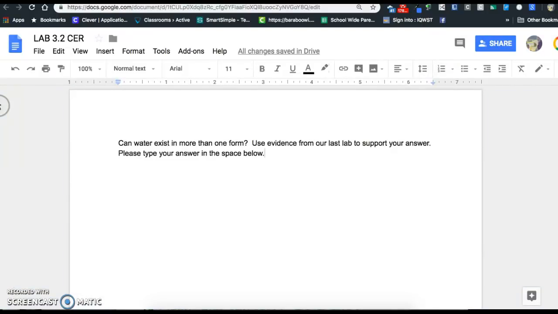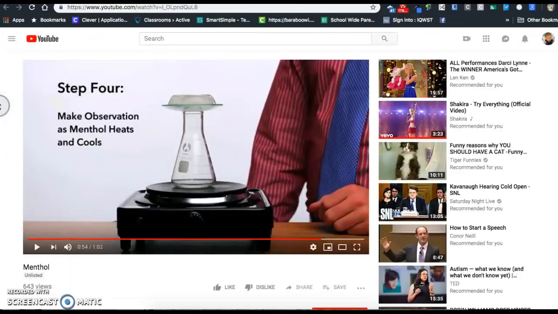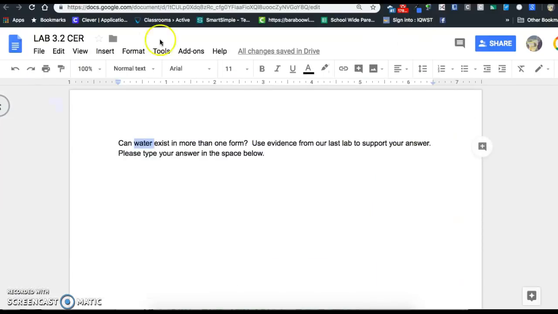And you'll notice it looks really familiar, but instead of talking about menthol from this lab where I cooked the menthol, you are going to be talking about water from the lab that you completed on Monday and Tuesday. Now, if you want to look back to your observations, that lab is found on pages 27 and 28 of your book.